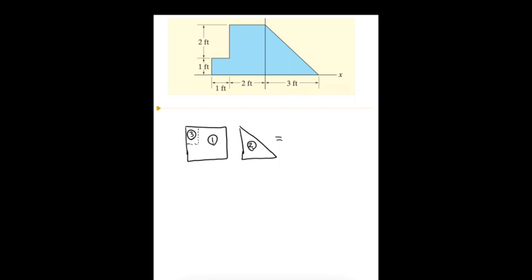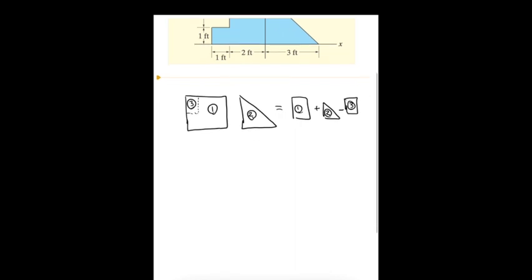And so it's going to be equal to shape 1 plus shape 2 minus shape 3. And we're going to set up our table the same way. Put in our units.